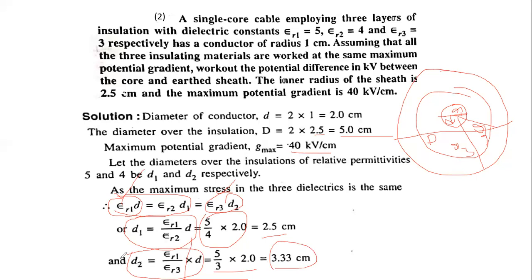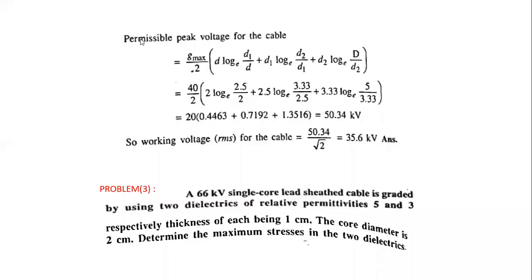Therefore, this is the D2 sheath diameter, and this is the D1 sheath diameter. Next, what is the maximum permissible peak voltage? We are calculating the maximum permissible peak voltage of the cable.